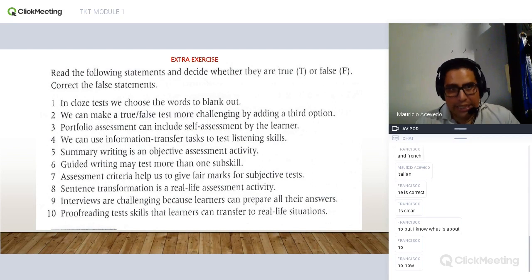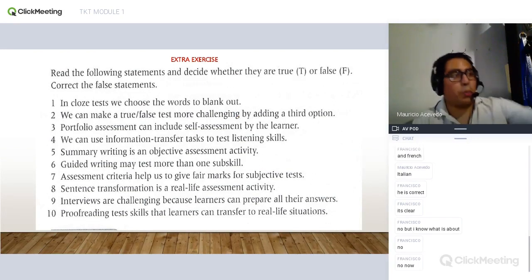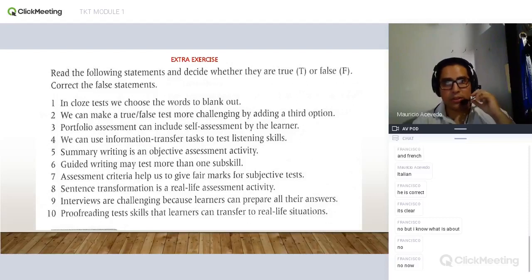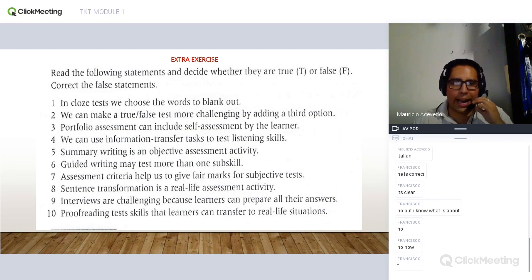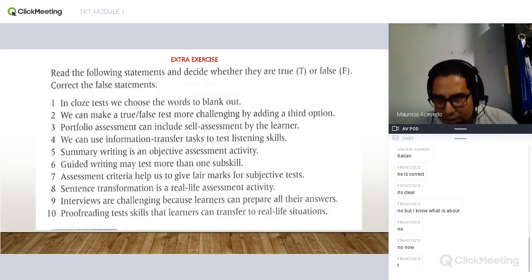Okay, I repeat. In closed tests, we choose the words to blank out. Tell me, Francisco, is this true or false? When we say we, it means we as teachers. It is false, right? Why, Francisco?